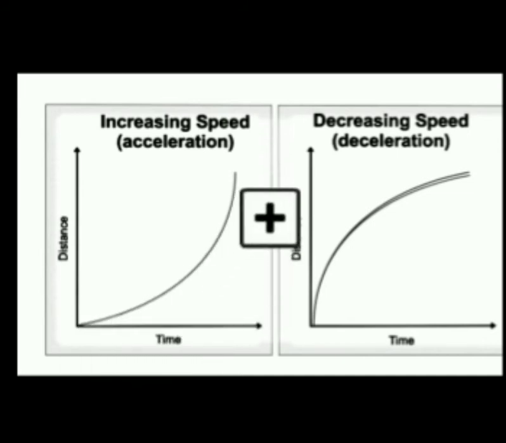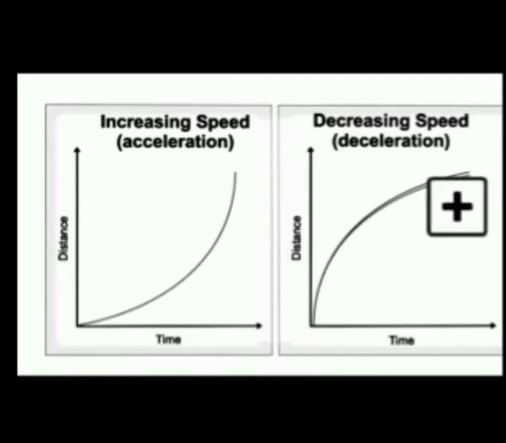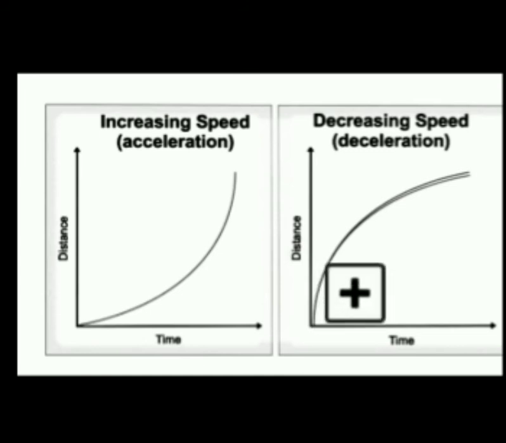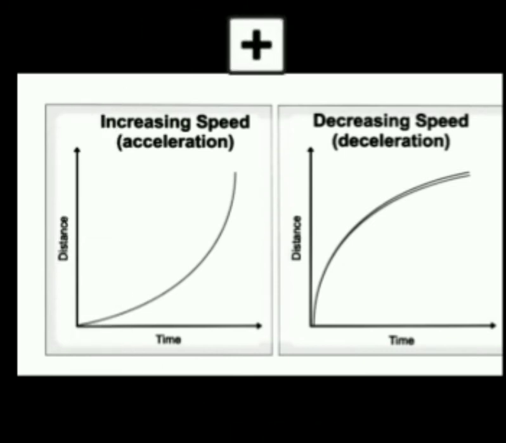As the slope increases, the speed also increases, and this one represents decreasing speed, as here you can see the highest slope, and as we go higher the slope decreases, hence it shows decreasing speed. So students, we have seen two types of graph under non-uniform motion.